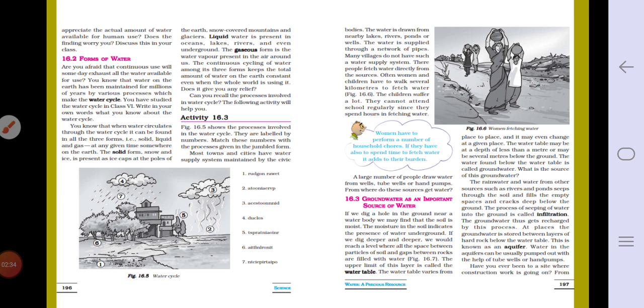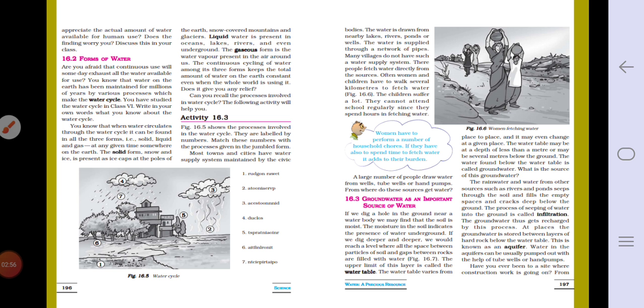Sixth is infiltration. And last is precipitation. Now what is the third one? Condensation. Yes. Third is condensation. So these are the different labels given there. You can correct it and write with a pencil in your textbook.